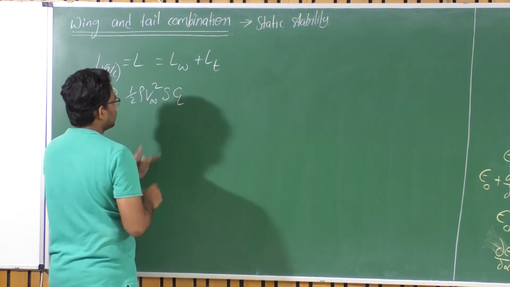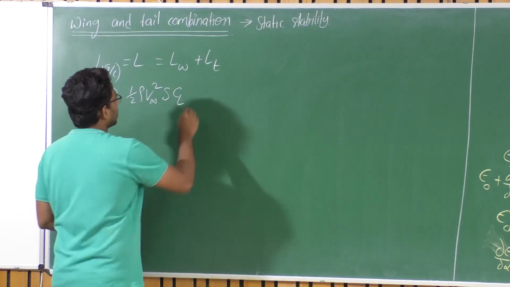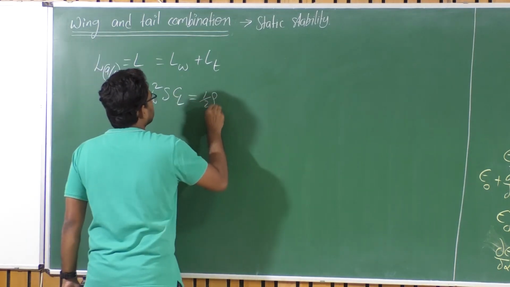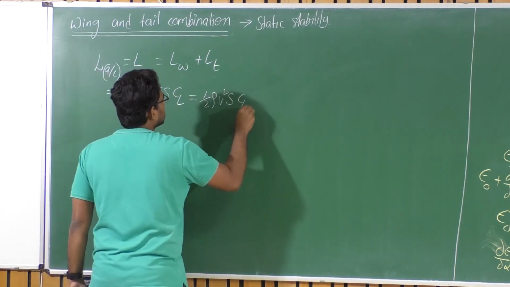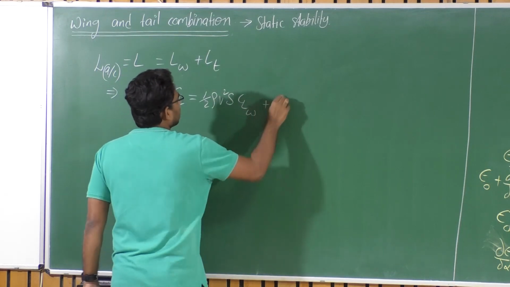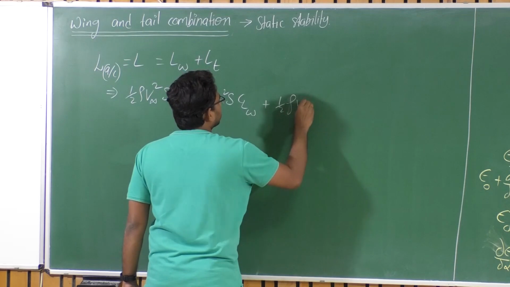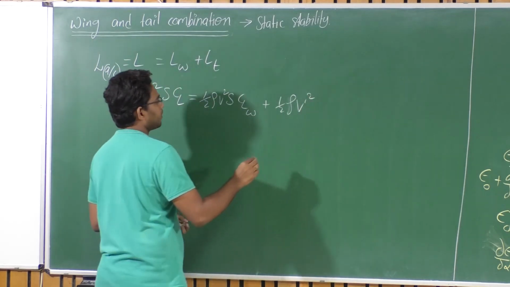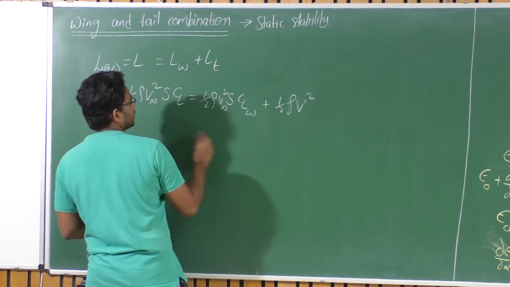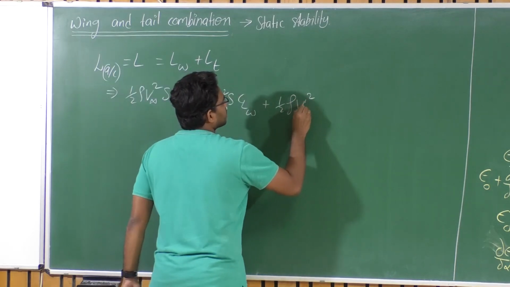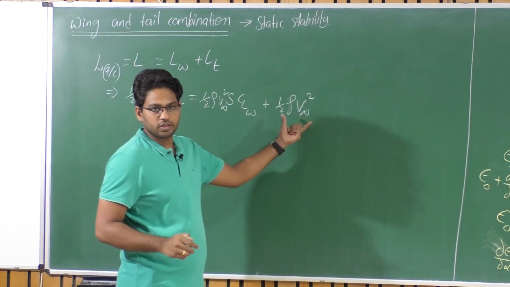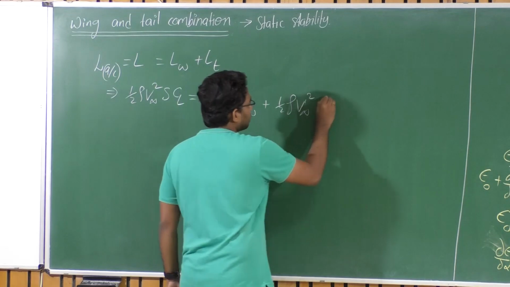CL of the aircraft is equal to half rho V squared S times CL of wing plus half rho V infinity prime squared, isn't it? So V infinity prime squared, which is at the tail. This is the velocity at the tail, times S of the tail, right?